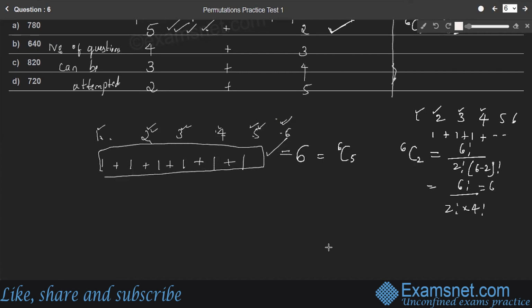So 6 into 5, here into 4 into 3 into 2 into 1 will get cancelled by 4 factorial, divided by 2 into 1, you will get 15. In 15 ways, he can choose 2 questions out of 6 questions.